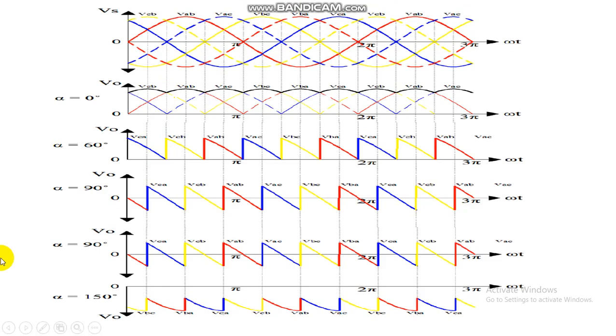Thyristors T5 and T6 are conducting and giving output, whereas in this phase, B phase, T3 and T4 are conducting, R phase means T1 and T2 conducting. Like that we can understand the entire operation.